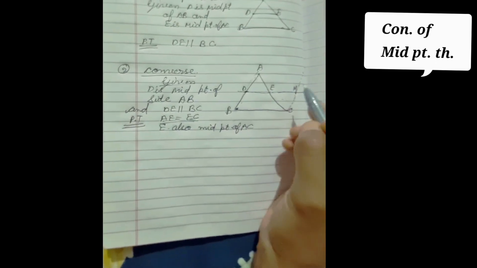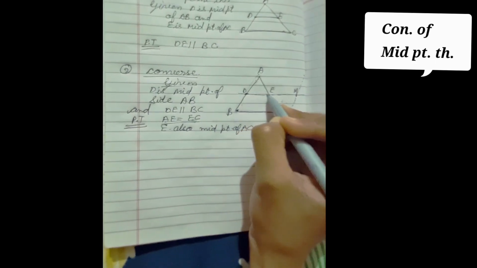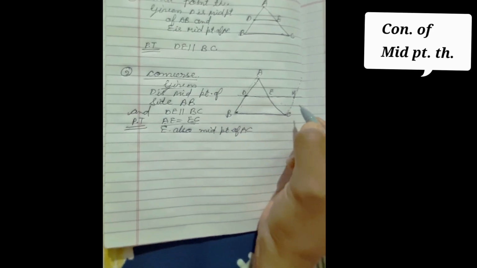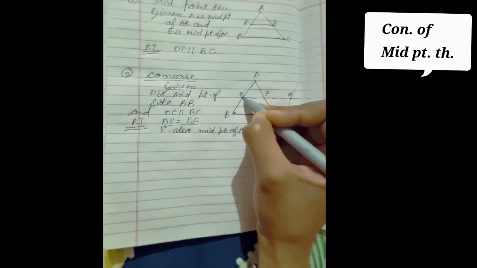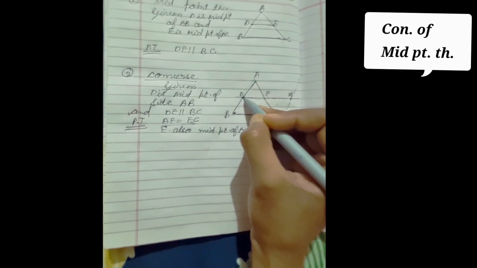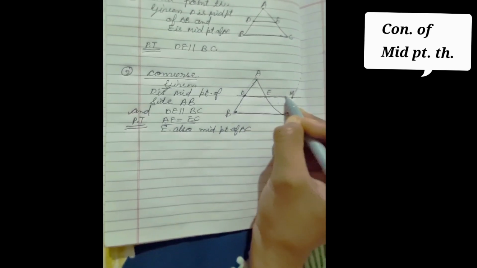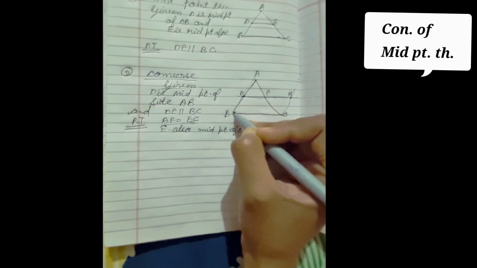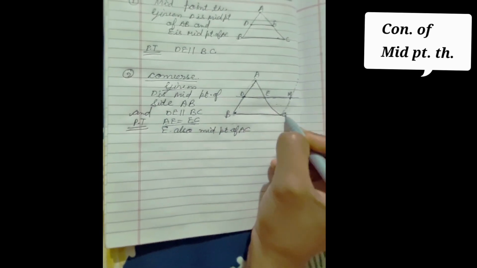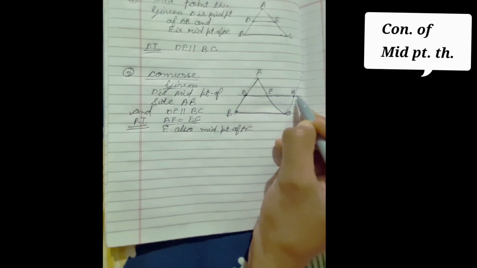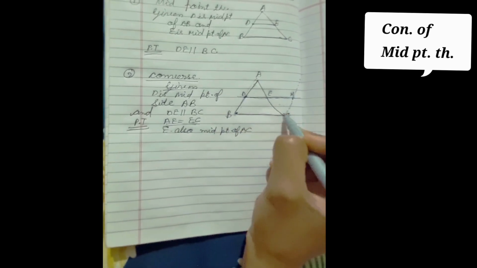How will we do it? Firstly, we are given these parallel lines, and D is given as the midpoint. When this line is parallel to this one and this one is parallel to this one, DMCB, this quadrilateral, is a parallelogram.